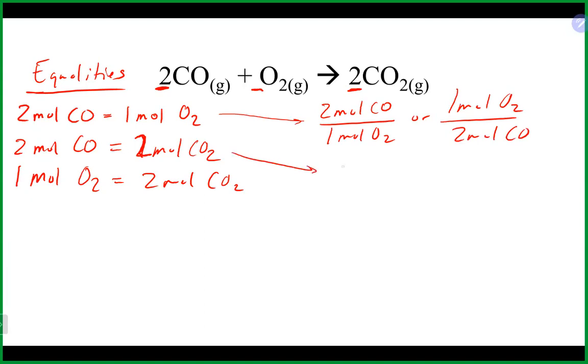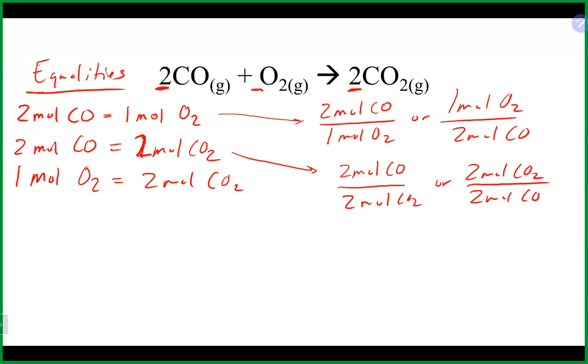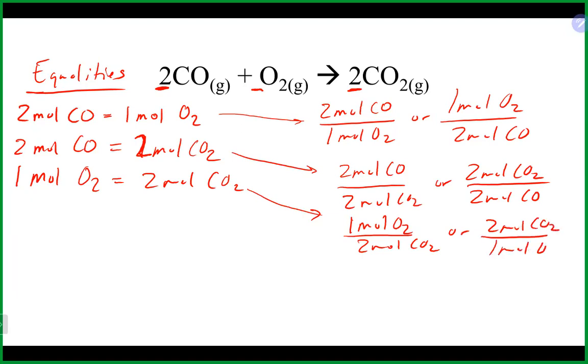Our second relationship: 2 moles of CO over 2 moles of CO2, or 2 moles of CO2 over 2 moles of CO. Lastly, for every 1 mole of O2, we have 2 moles of CO2, or 2 moles of CO2 gives us 1 mole of O2.